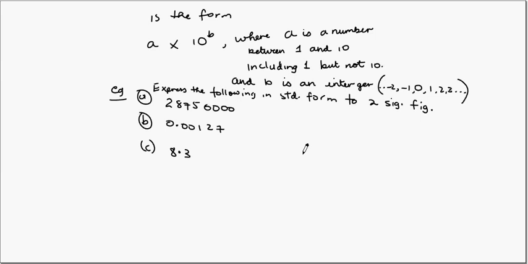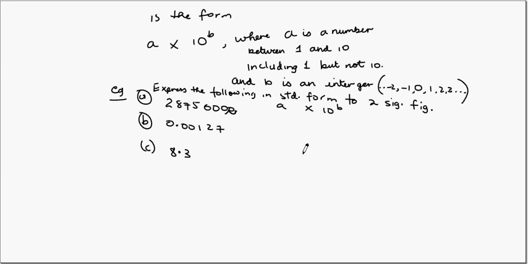In order to arrive at A, remember it's A by 10 to the power of B is our standard form. In order to arrive at A, what we do is we look at where the point is located. In this number, it's right at the end. And we move that point in such a manner so as to create A. So let's see what that means. Let's move this point.